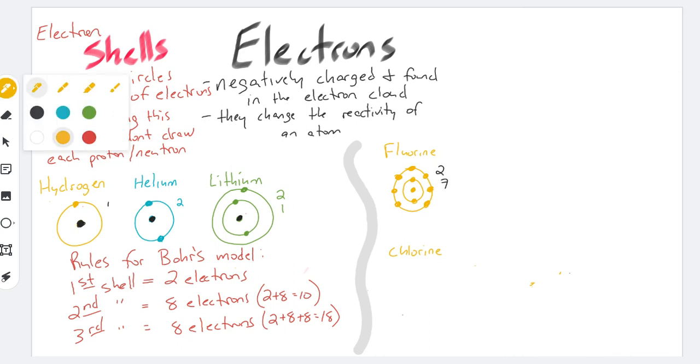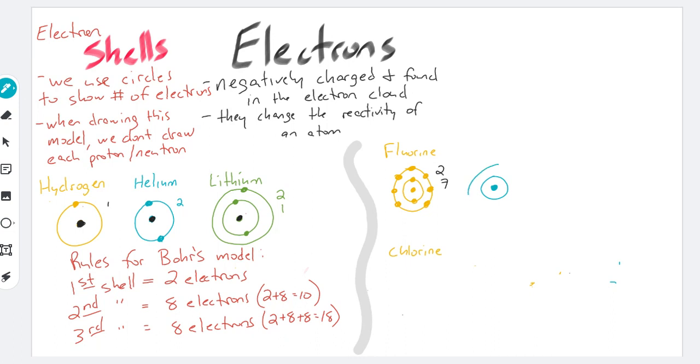And chlorine is going to be something similar, except, well, let's jump over to neon. Neon's going to be somewhat similar. It's going to have the nucleus just like all of them, and even though neon is going to have a lot more in the nucleus than, say, hydrogen that we already drew, we're just going to draw the nucleus as 1 because we're not focusing on the number of protons and neutrons right now.